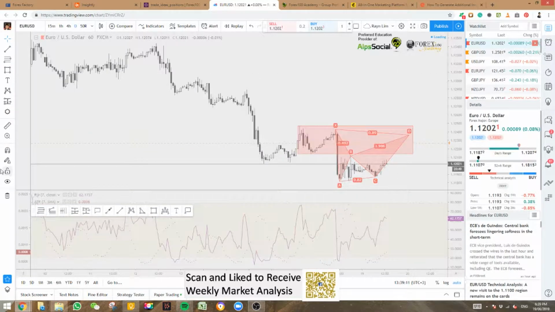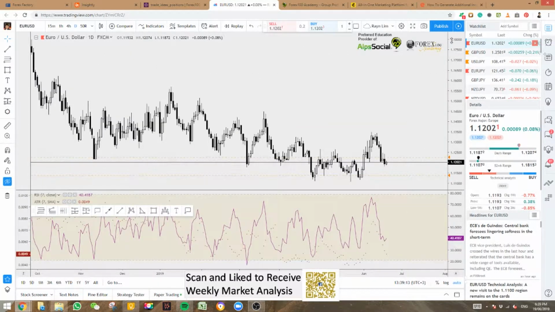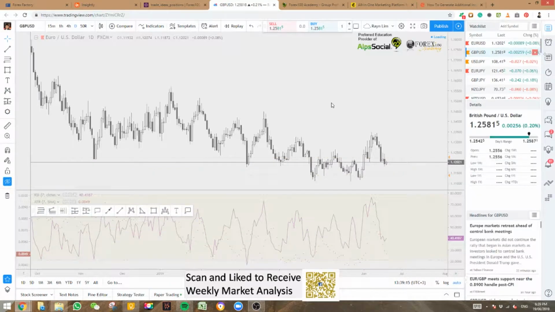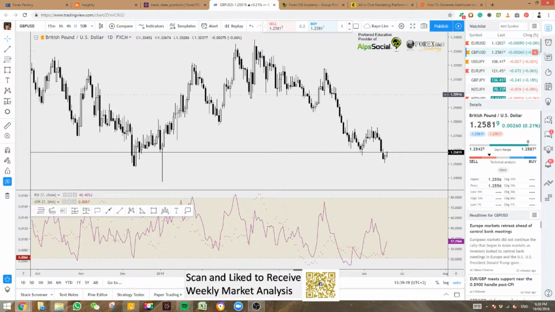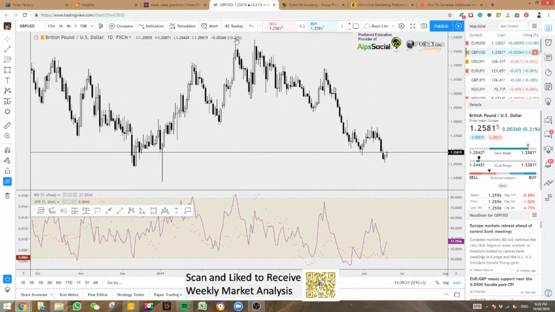All right, so let us move to pound dollar. Pound dollar on the daily chart. On the daily chart, we can see that it is a very bearish movement. If you are sharp enough and very spot on, you can see that over here there's a pennant, which means a consolidating triangle, or you can even see it as a descending triangle. If you fail to see that, it's fine.